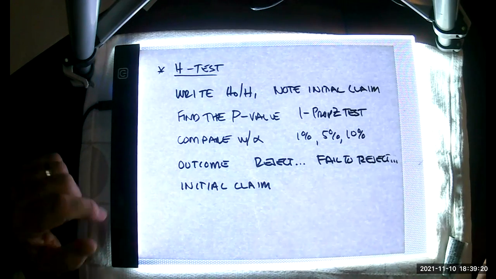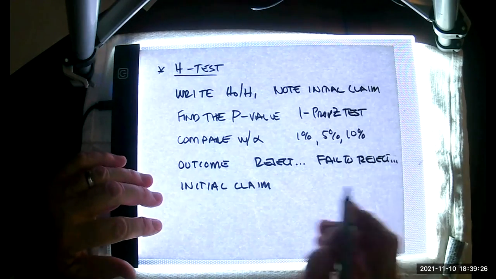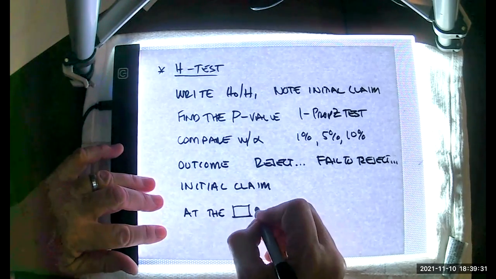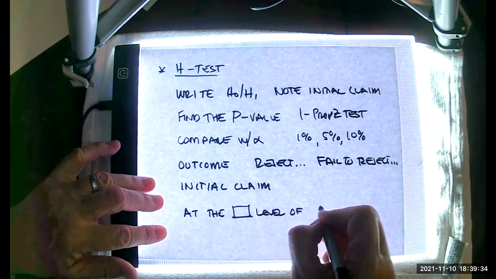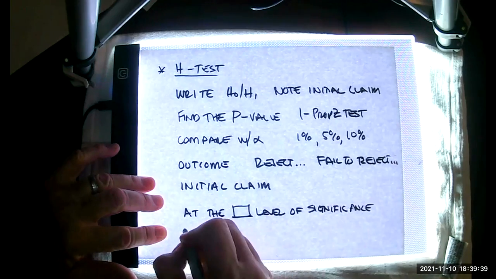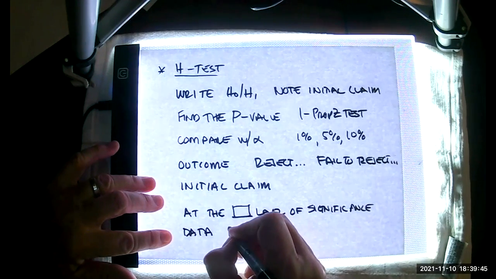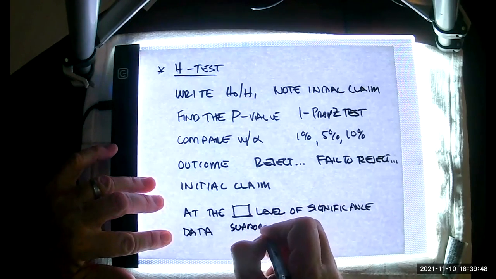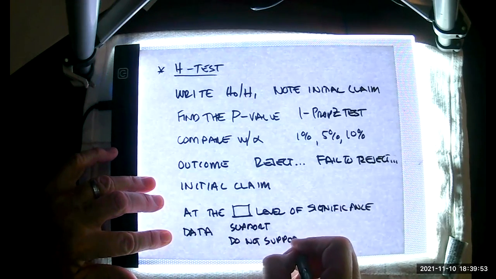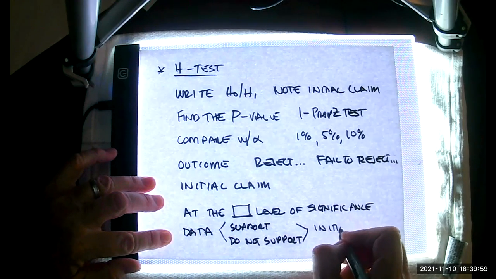I usually offer up a boilerplate sort of sentence, and there's a couple of versions of this out there, but what I usually say is at the blah, whatever it might be, level of significance, data, that's your sample data, and then you have a choice of support, do not support, whatever that initial claim is.